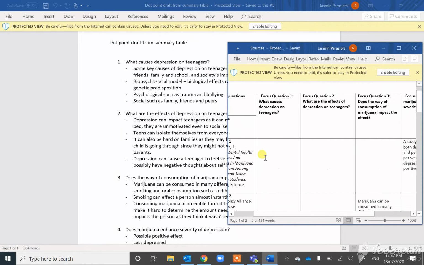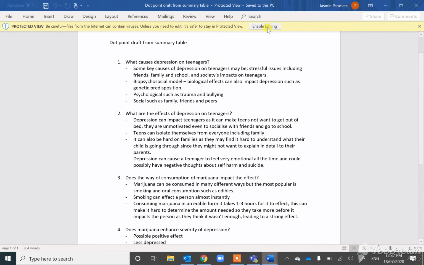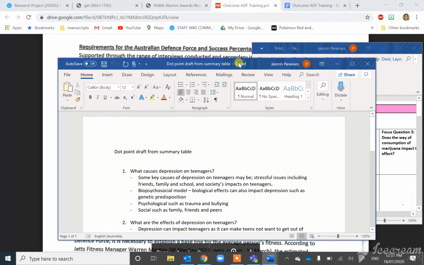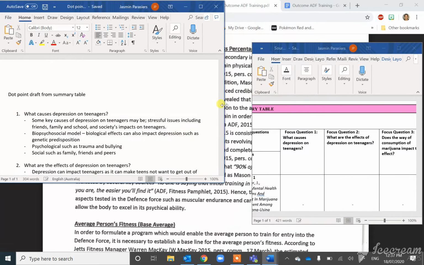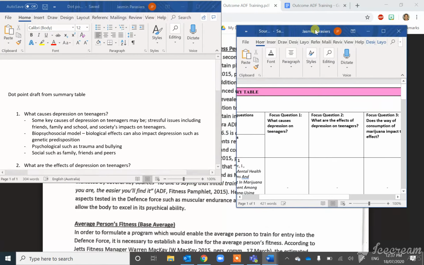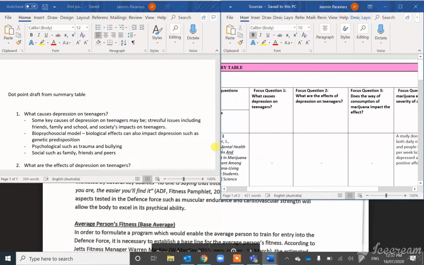So whoever's example I'm using, thank you. Let me just squeeze these together. So these two documents were not done just because I wanted to torture you. They're done so that you can really clearly map out your work, because this is what we need.